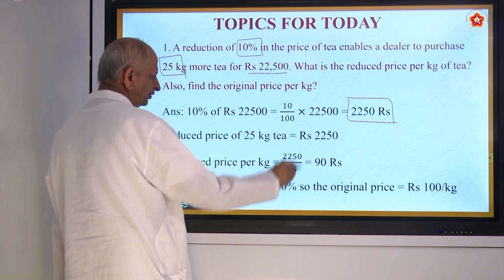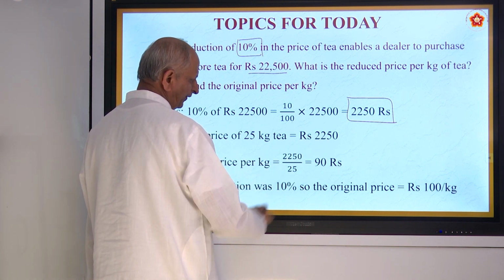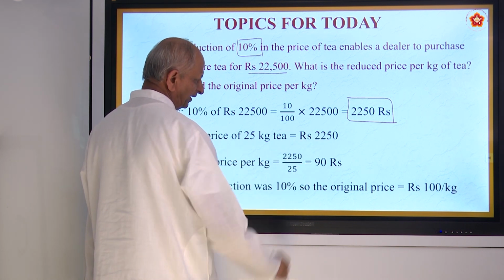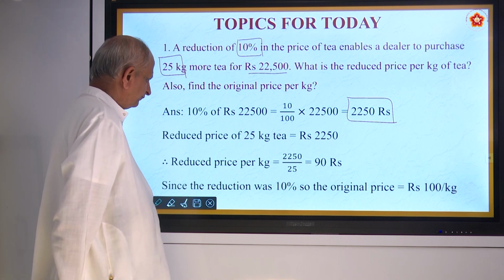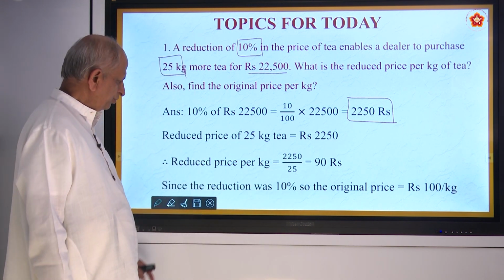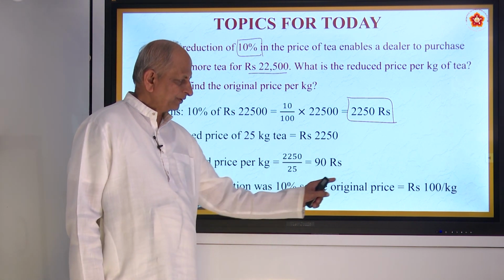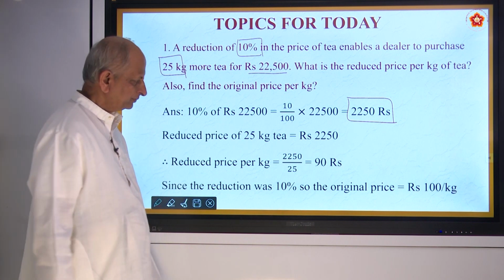Is it not? So for 1 kg how much? 2,250 by 25. That becomes 90 rupees. So the reduced price is 90 rupees. So reduction was 10%. What is the original price they are asking?